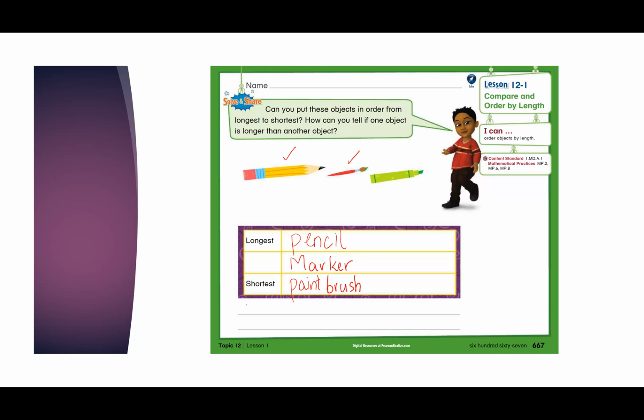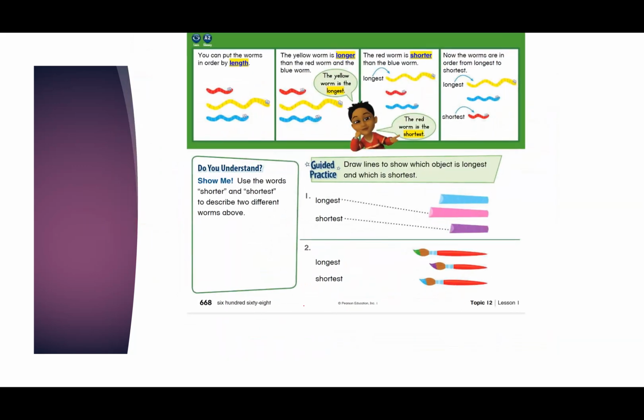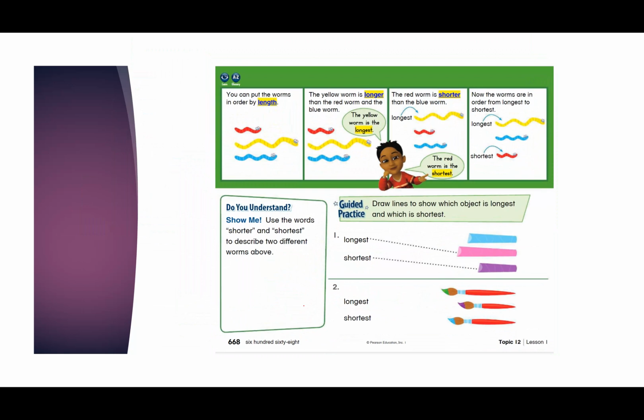So here you can write, I lined up the ends of the objects. Okay? Now, next page, page number 668.